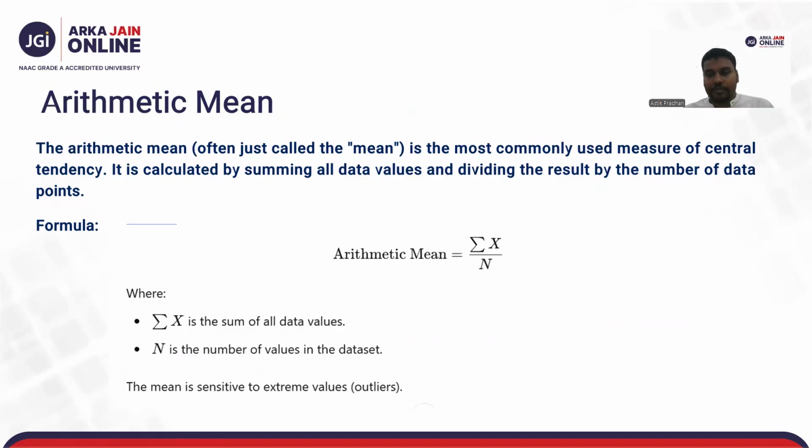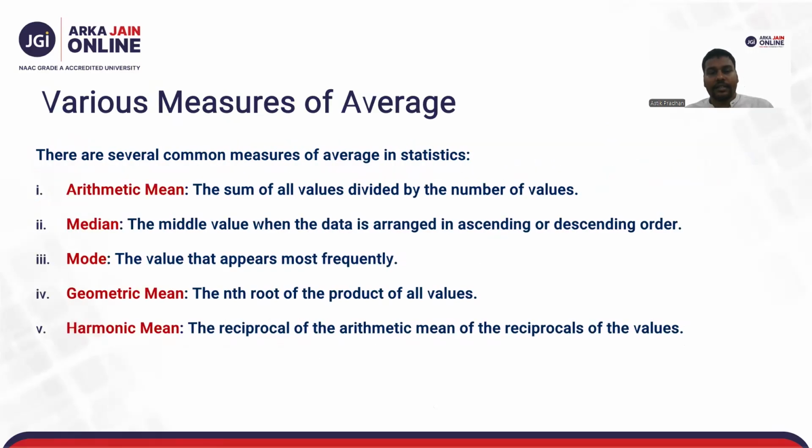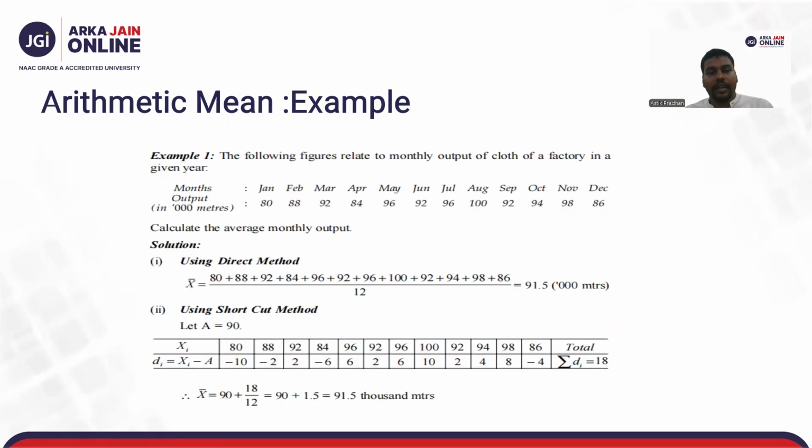Next, this is one of the examples of arithmetic mean, and I would like to explain two approaches here. One is the direct method, another is the shortcut method where deviation is used.